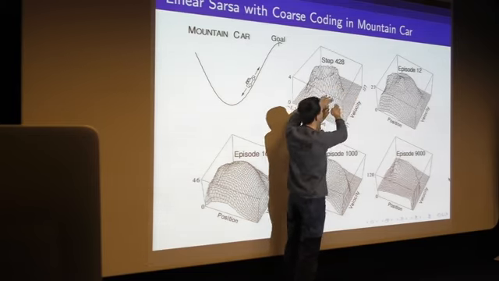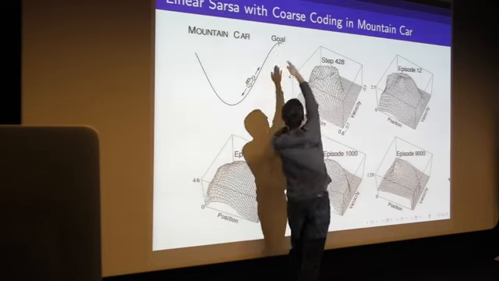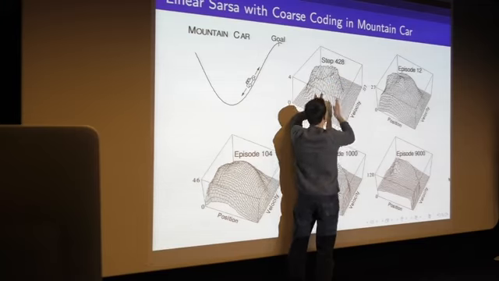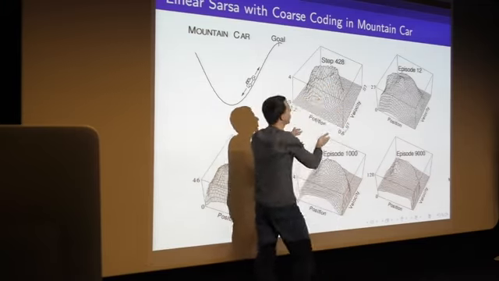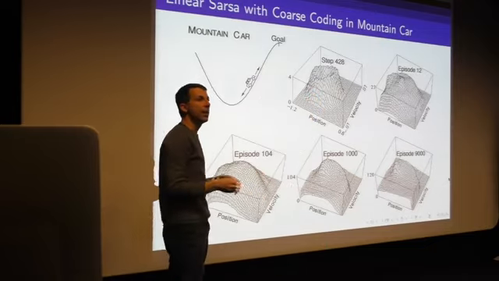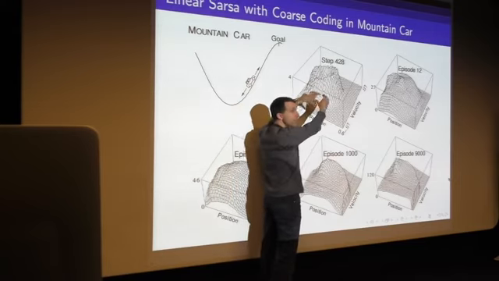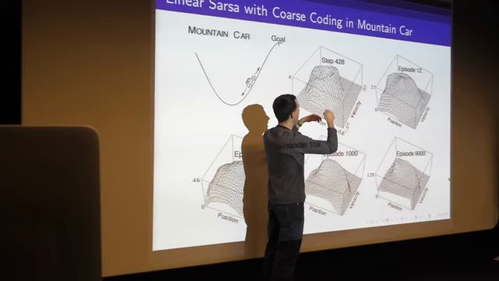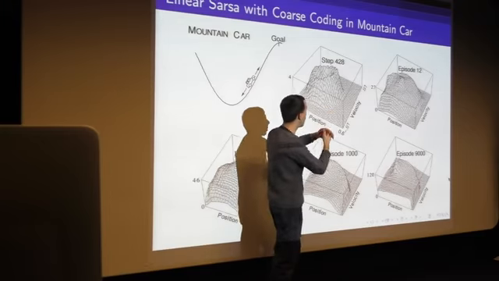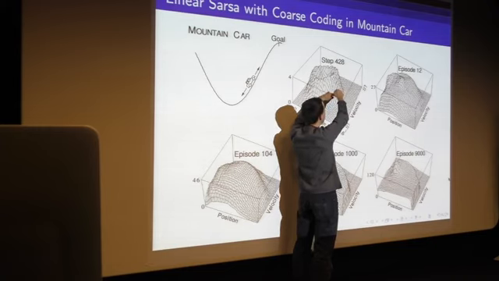If you took a step and ended up in some situation where you think you're doing much better now, say you suddenly reach the goal, that will pull up the whole shape of this function approximator. The particular function approximator used for this example is what's called a coarse code, which is basically lots of overlapping tiles of different shapes and sizes. They all overlap, and anything which is active, which is on, will be pushed up when a particular state is visited.